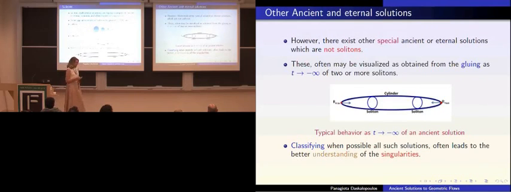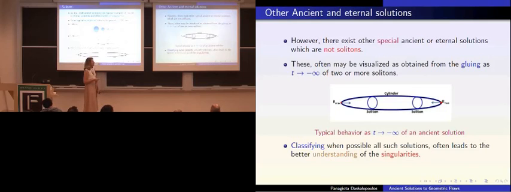However, a lot of times we would like to say that the singularity is modeled on self-similar solutions. But a lot of times these ancient solutions are not self-similar; there are other kinds of solutions that, okay, this is a very simplified picture, but they look a lot like solitons at different scales.